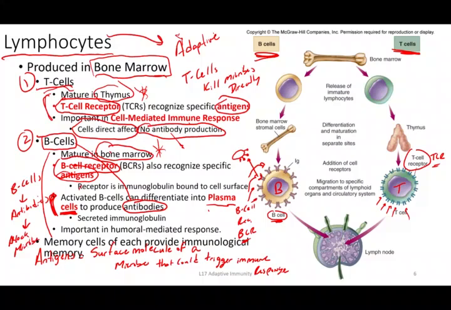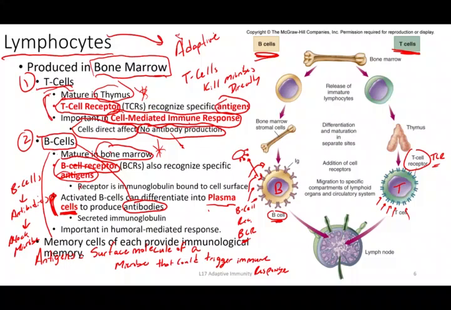So it's just a question of whether the cells are doing the direct attack. That's what T cells do, and so we call this the cell-mediated arm, or the cell-mediated immune response.